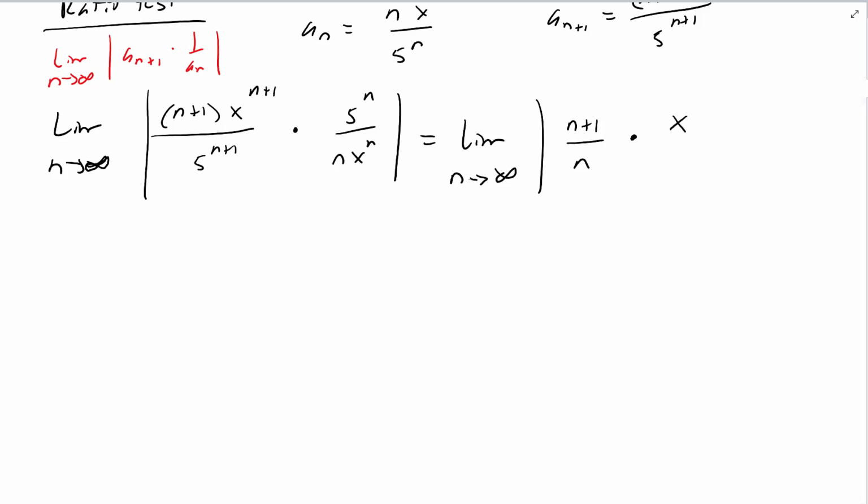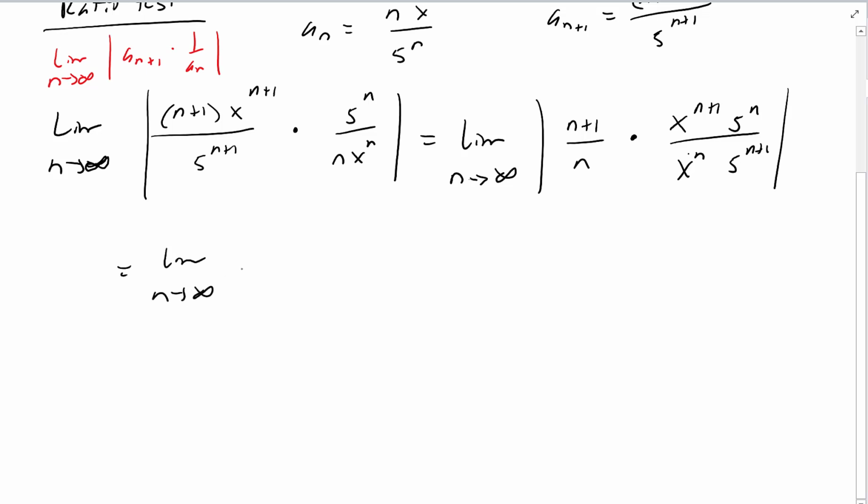I'll write out the steps here. Let's rewrite it as x to the n plus 1, 5 to the n, x to the n, 5 to the n plus 1. So since it's the first one we did, I'll write out all the cancellation here. X to the n plus 1 is the same thing as x to the n times x to the first.